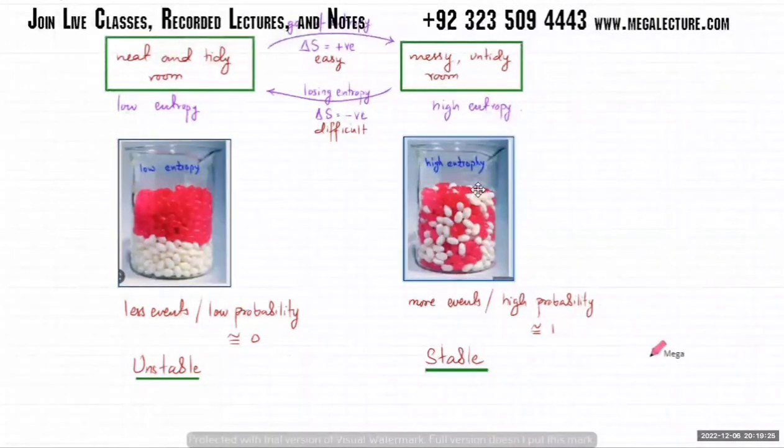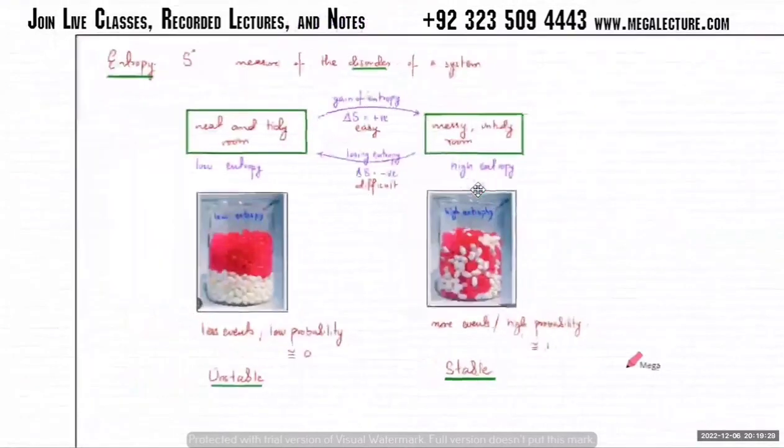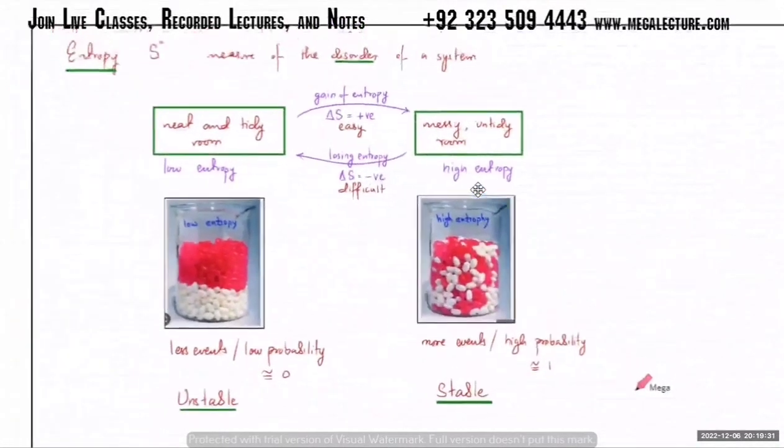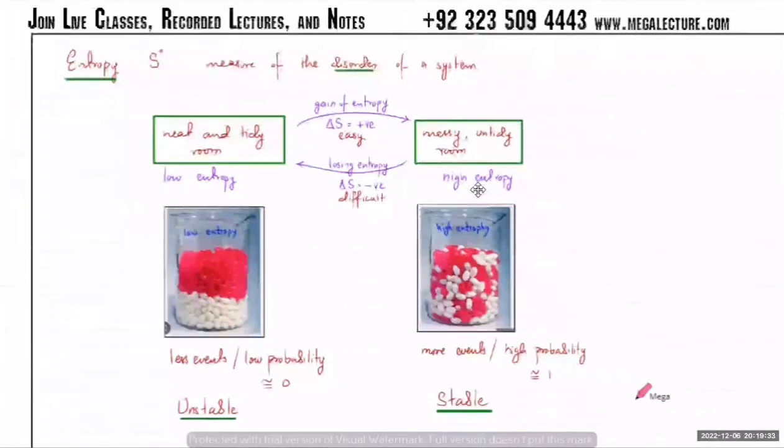No amount of shaking, it's always going to result in a high entropy state. In the universe, this is happening everywhere. Let's say there's an abandoned house, eventually it's going to reach a high entropy state. It's going to start breaking down.